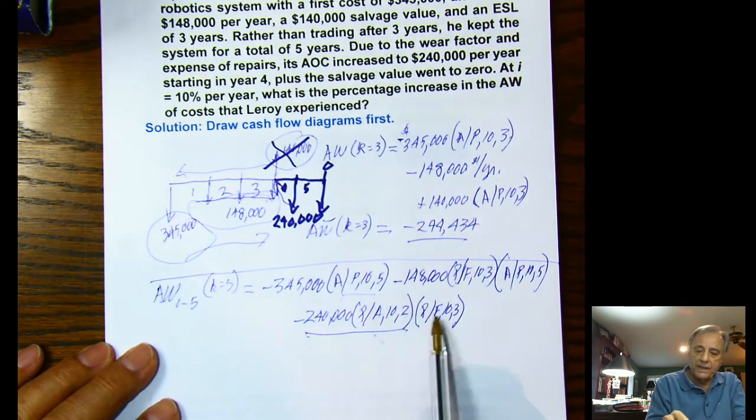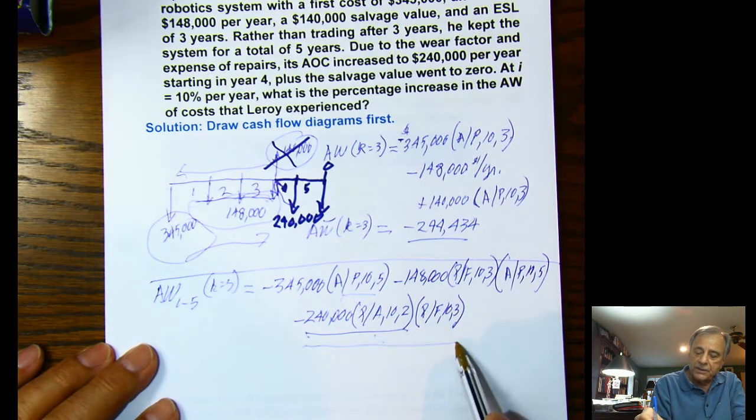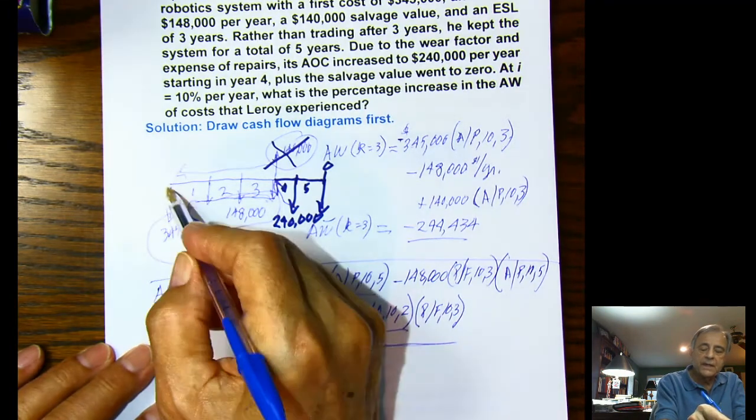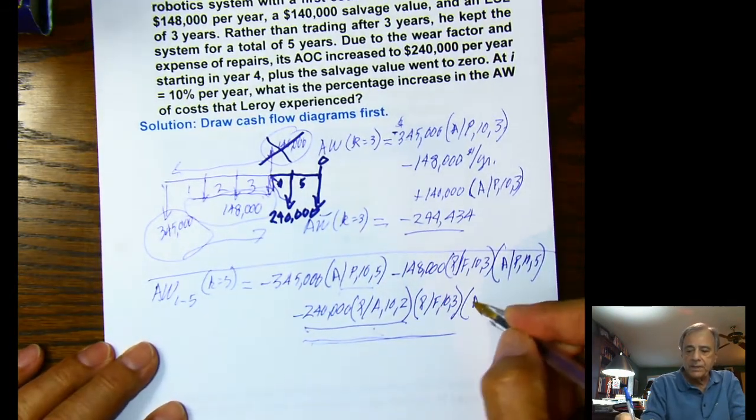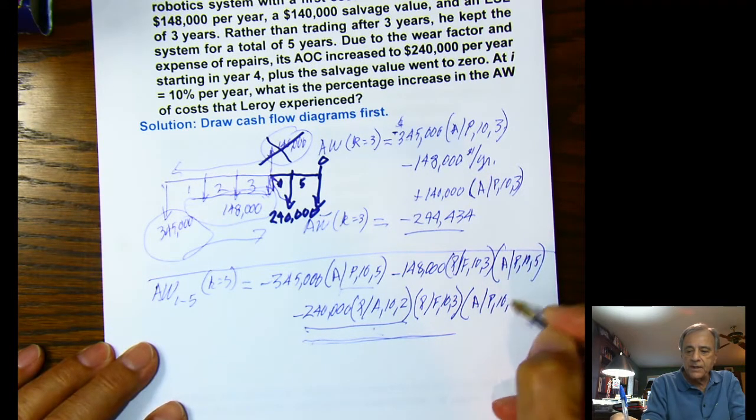Now we have, once we do this, this quantity here is at time 0. We want to spread it over 5 years. A given P, 10 and 5.